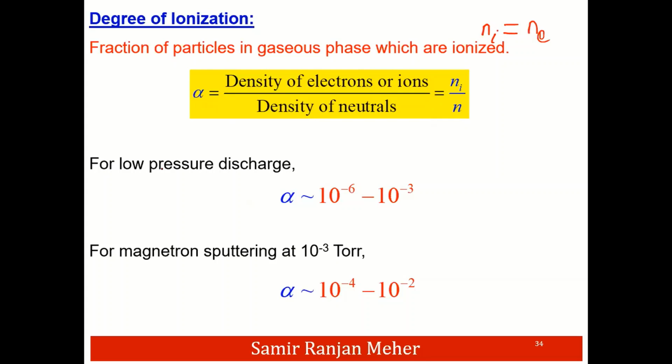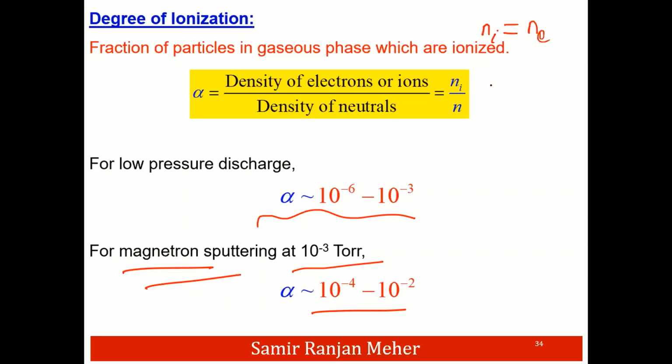And for this low pressure discharge, which we use for sputtering purposes, the degree of ionization is very, very small, around 10 to the power minus 6 to 10 to the power minus 3. For magnetron sputtering, at around 1 millitorr, it is between 10 to the power minus 4 and 10 to the power minus 2.